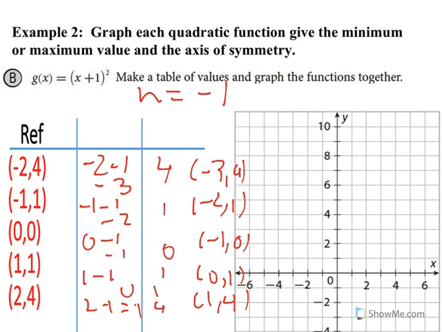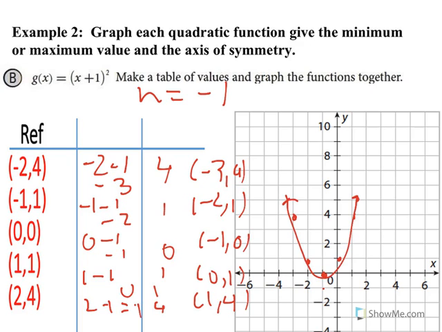So we can graph this. So -3 and 4, this point, -2, 1, this point, and -1, 0, this point, and 0, 1, this point, and 1, 4, this point. So this is our graph.